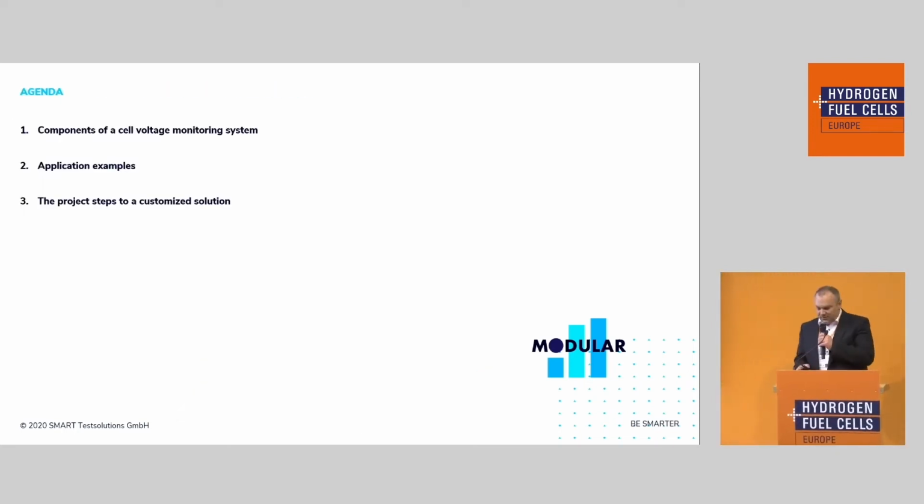I will give you a short introduction of the components of a cell voltage monitoring system. It's not only the CVM, we have additional components in the meantime that we have to look for. Then I will give you some application examples. And finally, if there is enough time, we can look how a development project for such a component can be set up.